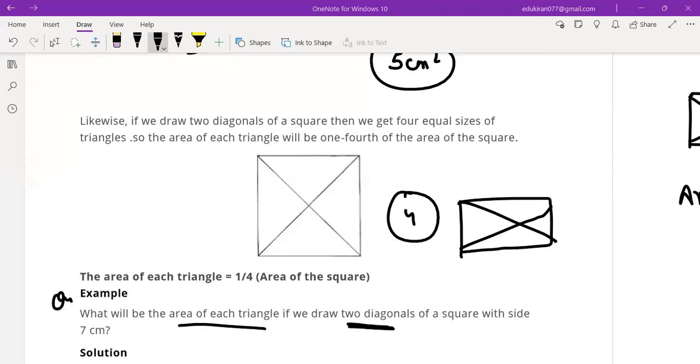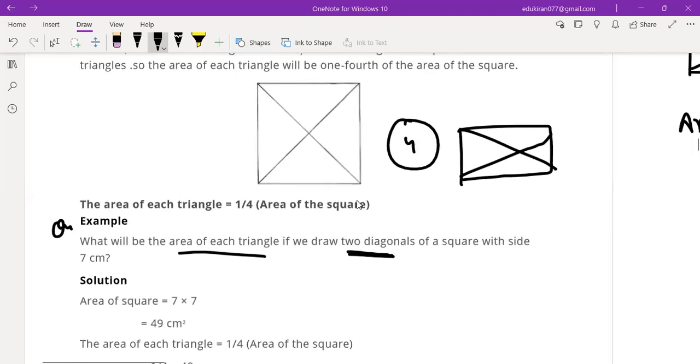Done, ma'am. Ma'am, I'm done. You can write the answer in decimal form, right? Yes, you can. Okay, Abdullah, you are also done? Yes, ma'am. Okay. So let's just discuss the answer.